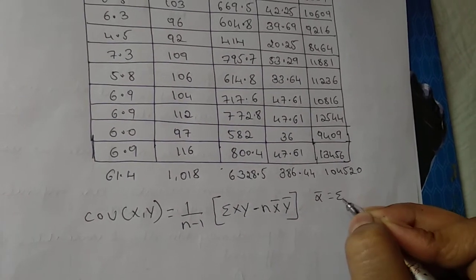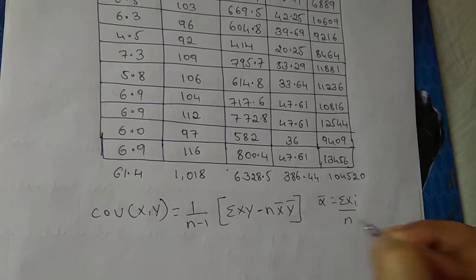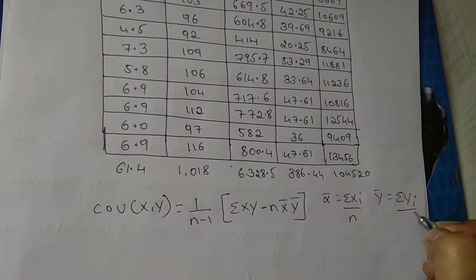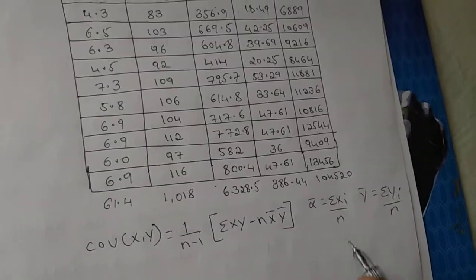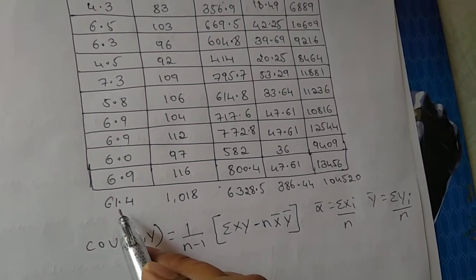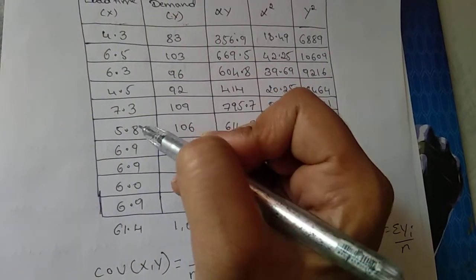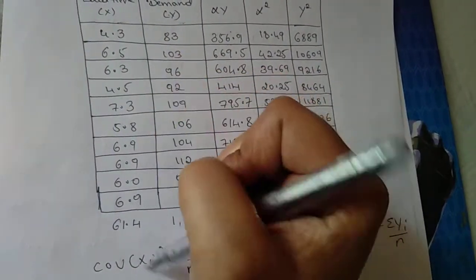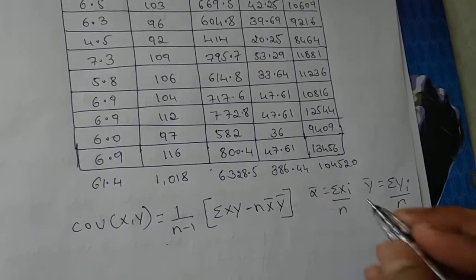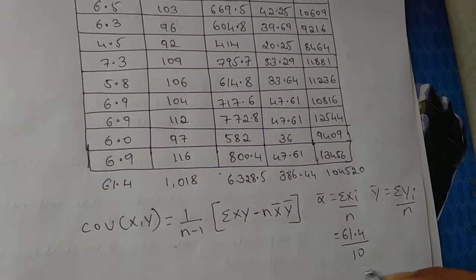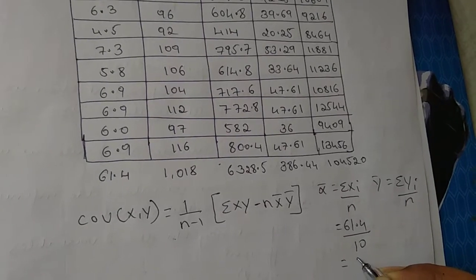X bar is equal to summation xi divided by n, and y bar is equal to summation yi divided by n. Here you know summation xi is 61.4, n is 10, because 1, 2, 3, 4, 5, 6, 7, 8, 9, 10. Here the number of digits is given as 10. So 61.4 divided by 10 is 6.14.